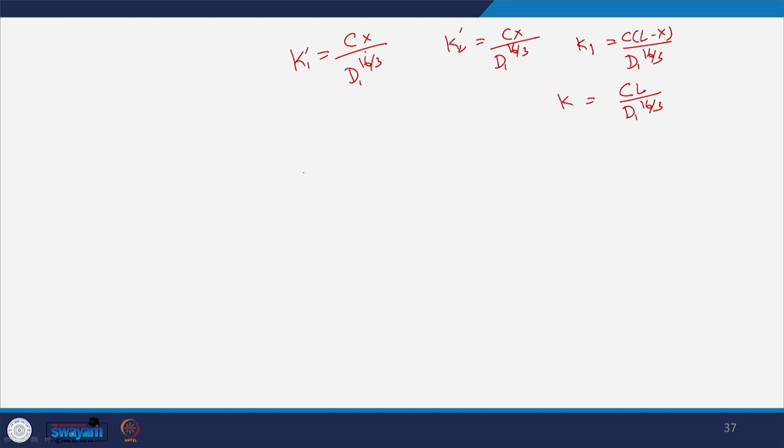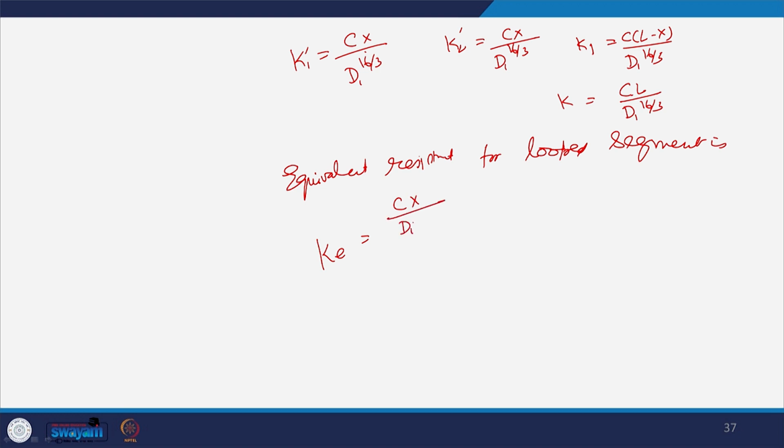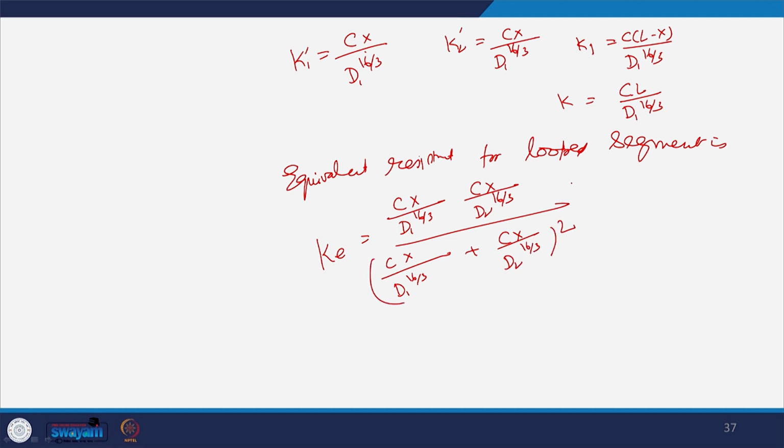The equivalent resistance for the looped segment is Ke is equal to Cx upon D1 16 by 3, Cx upon D2 16 by 3, upon Cx upon D1 16 by 3 plus Cx upon D2 16 by 3, whole square.